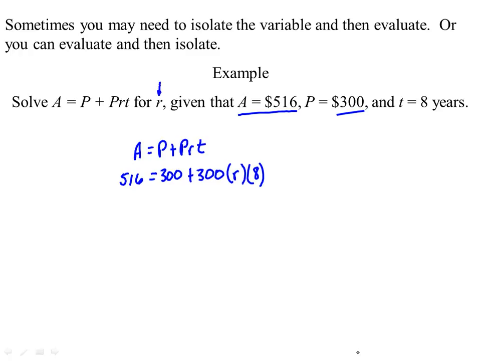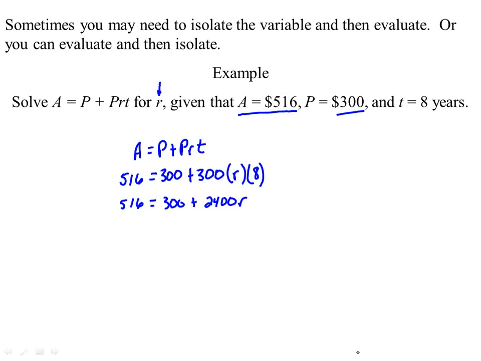So, what you're going to do is 516 is equal to 300 plus 2400 R. Now it's an equation that you can solve. But you cannot add the 300 plus the 300 R8. Those are not like terms. One has an R, the other one doesn't. So make sure you learn that lesson now and don't do it a week from today on the test, please.